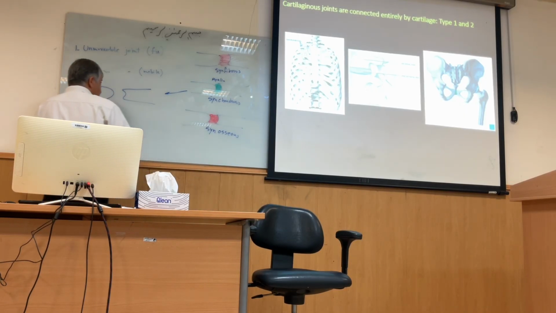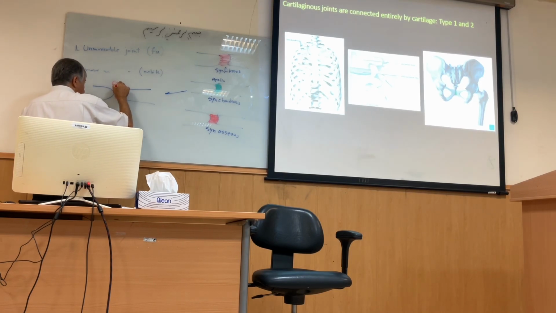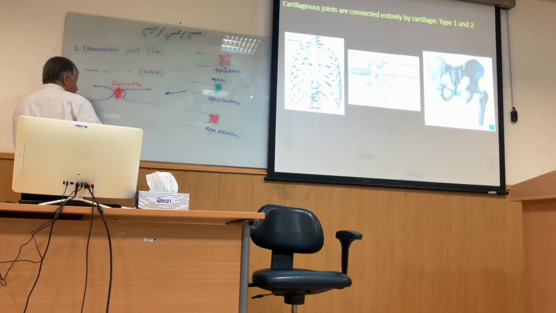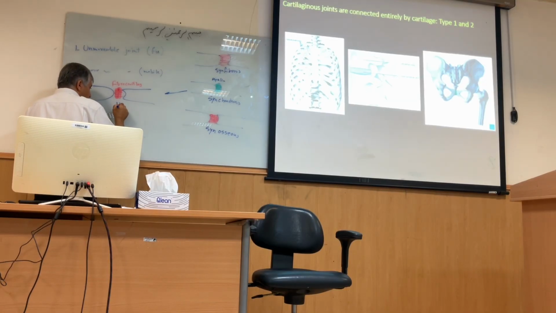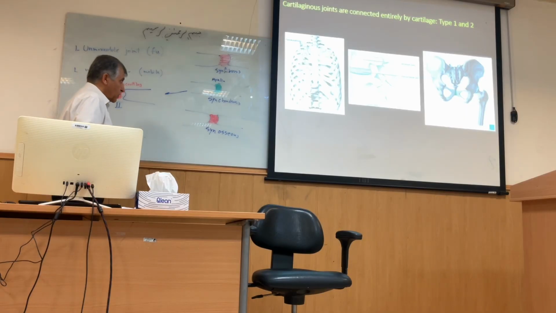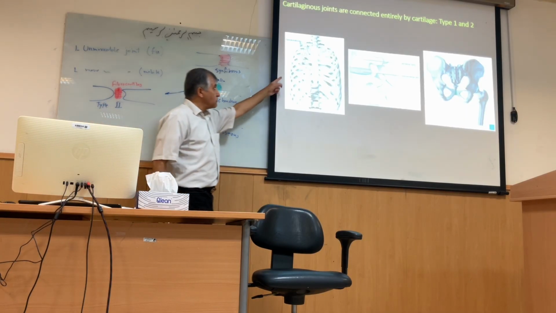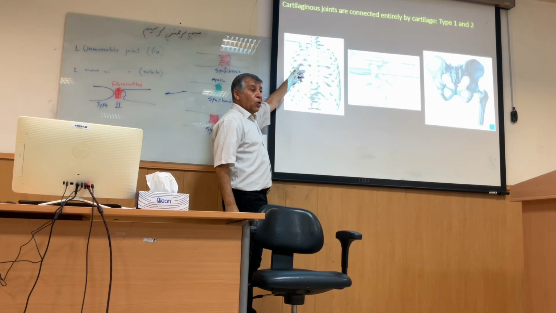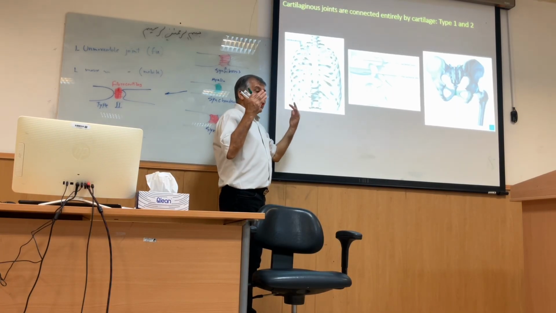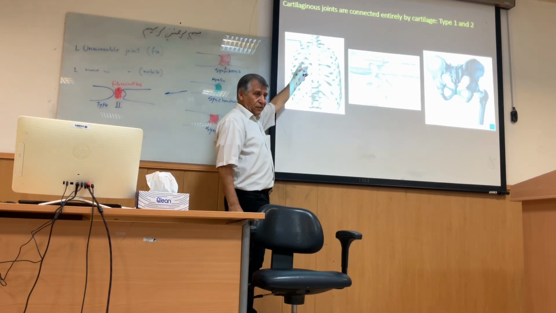When this cartilage is changed to fibrocartilage, this joint is called chondrosis type 2. Synchondrosis type 2. This one is called chondrosis type 1 because the connector agent is hyaline cartilage.